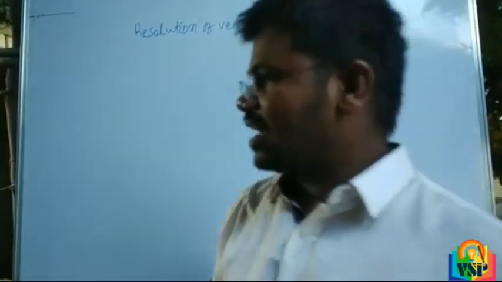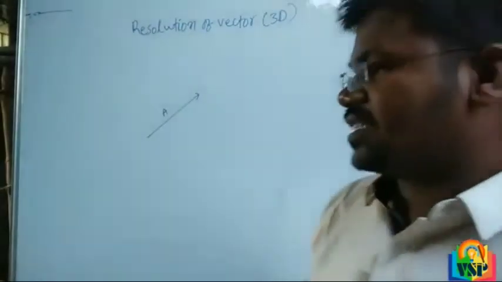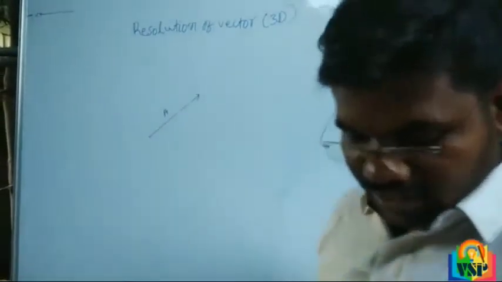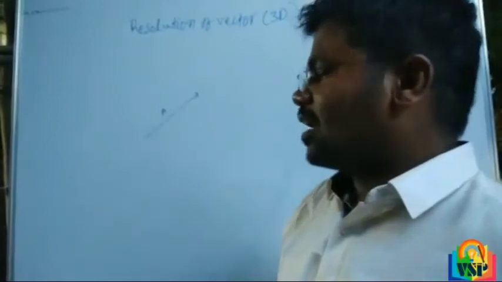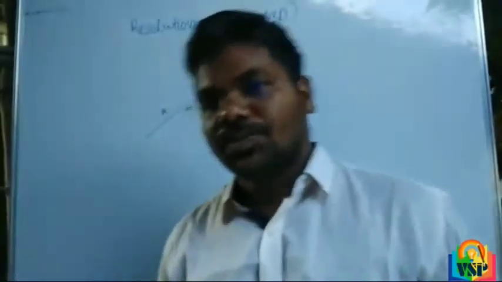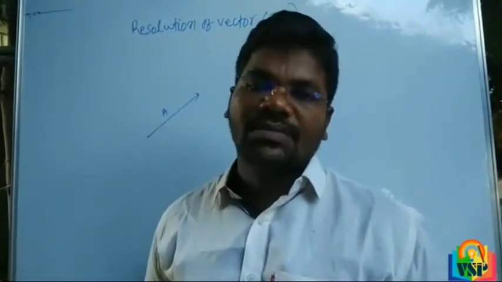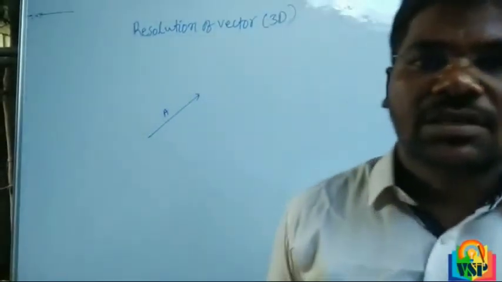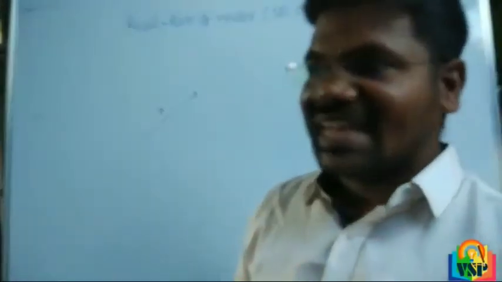See here, consider a vector, which is denoted here, in space. That means we can assume an xyz coordinate system. 2D means xy axis, 3D means xyz axis.